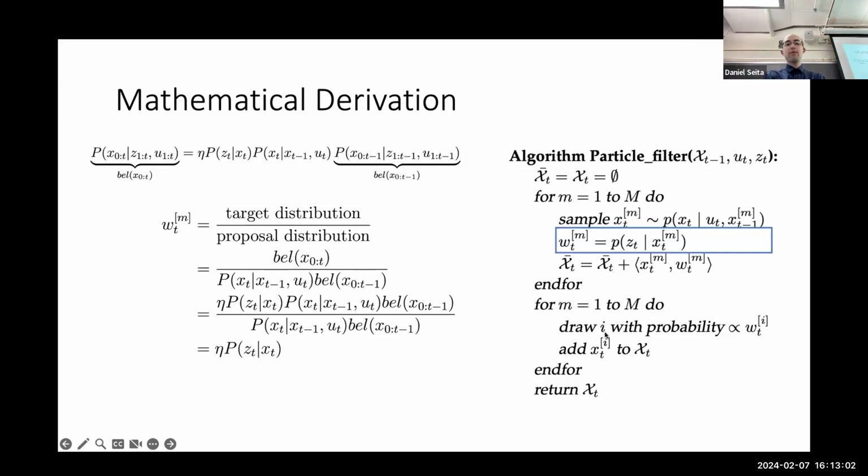It's trying to sample each particle proportional to the weight. So, any remaining questions on the mathematical derivation of the particle filter?